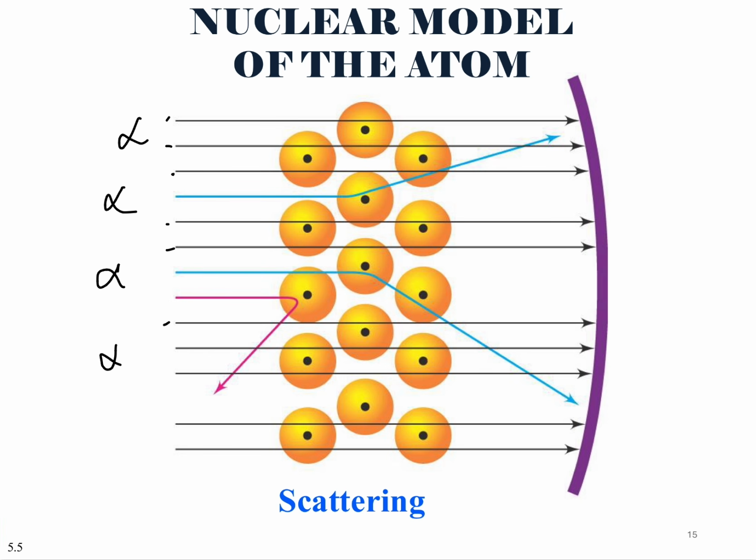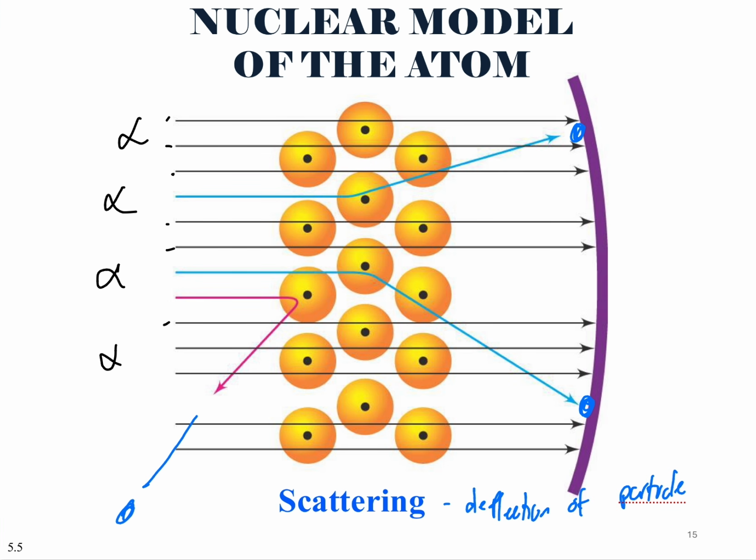So scattering is just the deflection of the particle. And so now on your sensor, you get a little reading somewhere else that's not right behind the gold foil. So your sensor says, hey, we have an alpha particle hit over here.